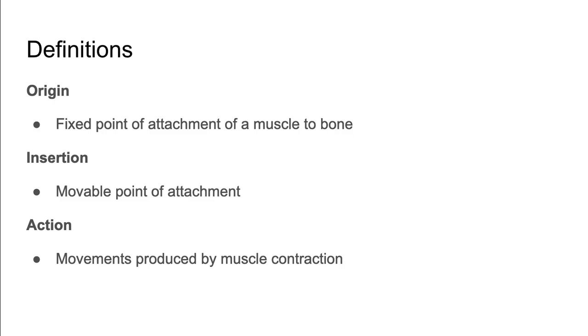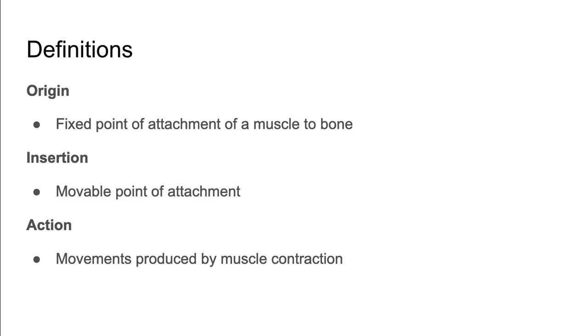Okay, so if you think about your biceps brachii in your arm, right? So if you're doing the motion, the action, which is the movement produced by muscle contraction here, remember, we're decreasing the angle if we flex our biceps. So we're flexing or doing flexion.